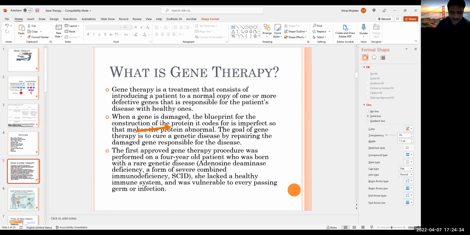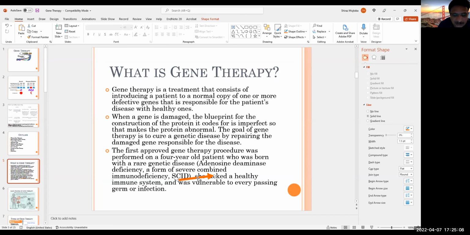So for example, if hemoglobin is mutated, then the efficiency to hold oxygen and exchange carbon dioxide is compromised. So a patient will develop a lot of breathlessness and have to go for dialysis or blood transfusion. And so a good therapy will only increase the quality of life, right? Historically, the first gene that was targeted for therapy was adenosine deaminase.